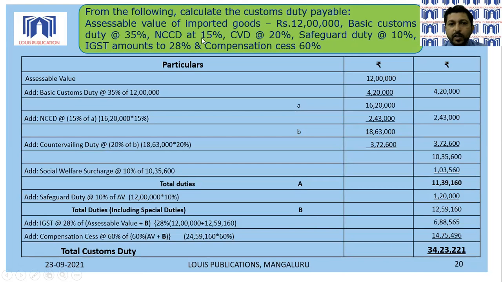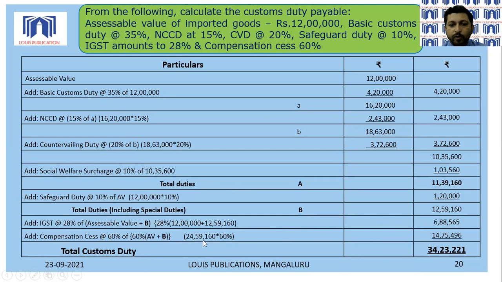Next is IGST at 28%. And then we are aware IGST is calculated on assessable value, that is 12 lakh plus B value. B value is 12,59,160. So on 24,59,160, you'll calculate 28%, you get 6,88,565. That is the value. Then we will add compensation cess. Compensation cess is levied at 60%. And once again, the value is same what we have taken for computation of assessable value.